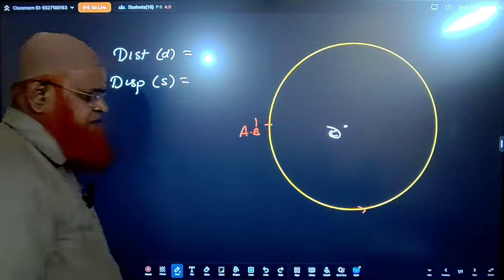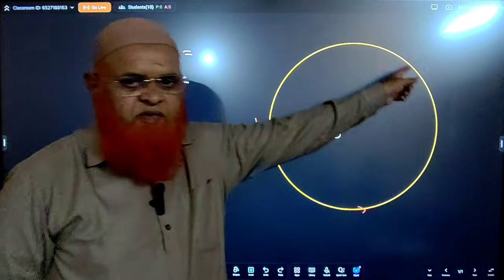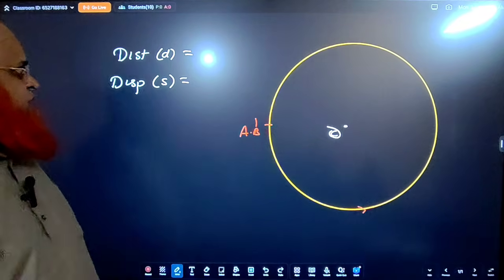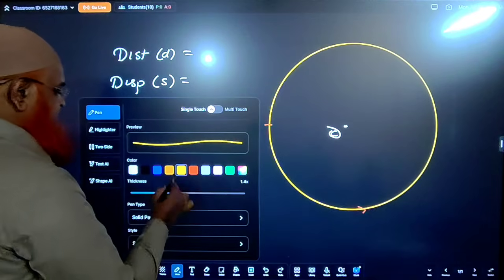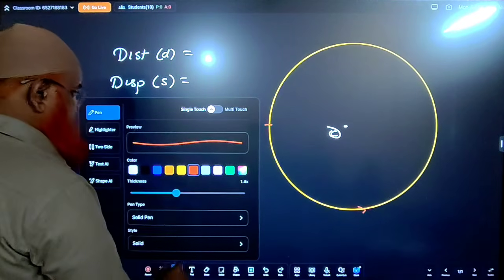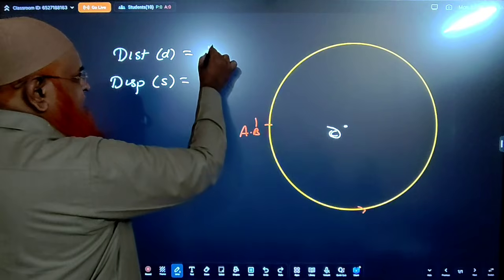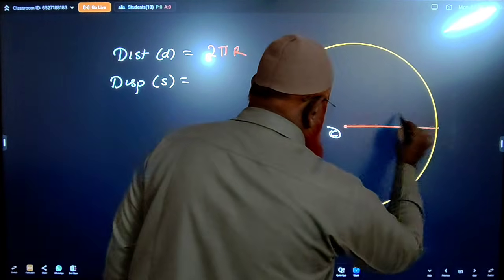Now see here, the starting point is this. I have taken a complete revolution and you came there itself. Then what is going to be the distance here? The total distance is taken as d, which is nothing but the circumference of the circle if the radius of the circle is r.